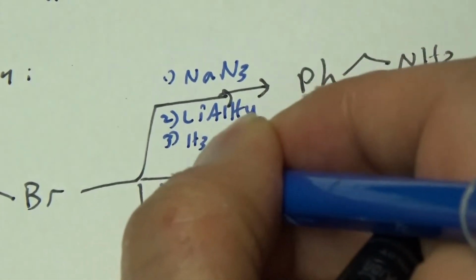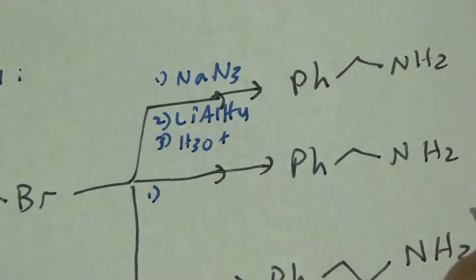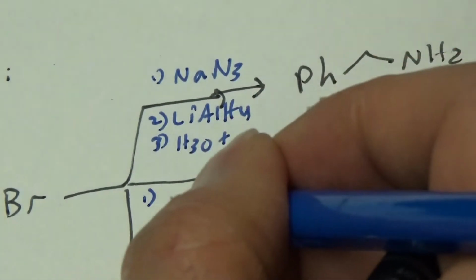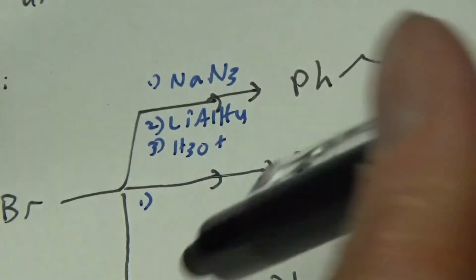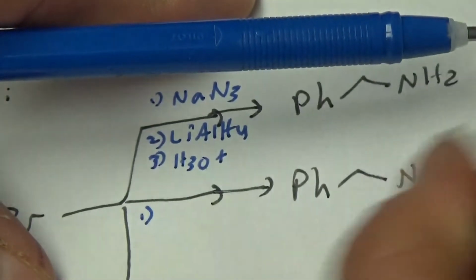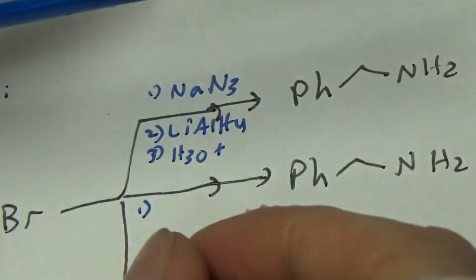The second one, I'm going to draw it kind of small. It's that phthalimide thing. Let's draw this underneath, to give myself more space.